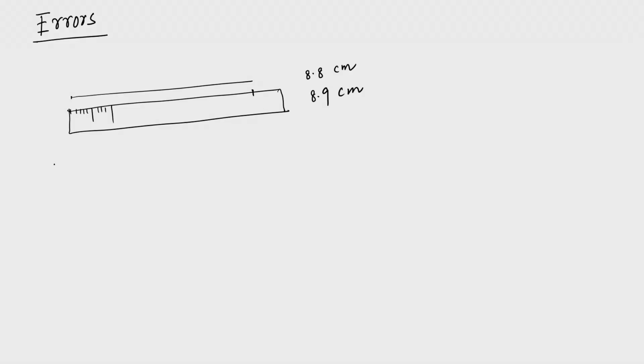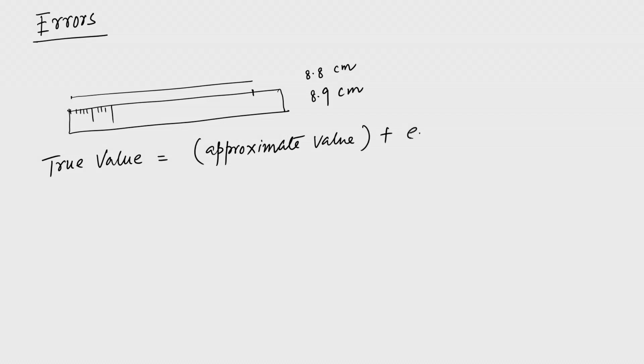So, just a general definition: a true value is equal to an approximate value plus error.